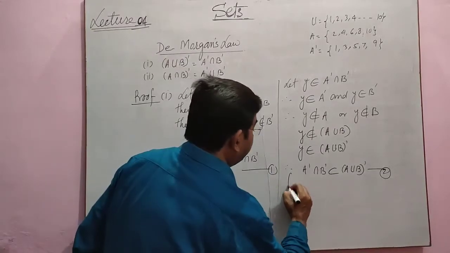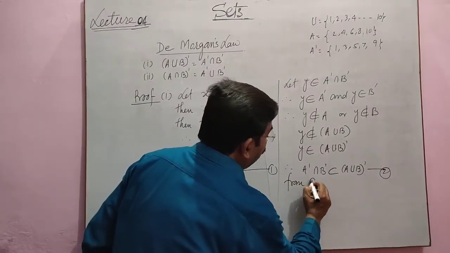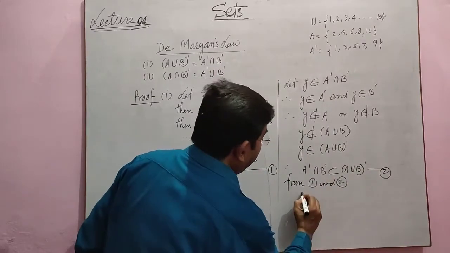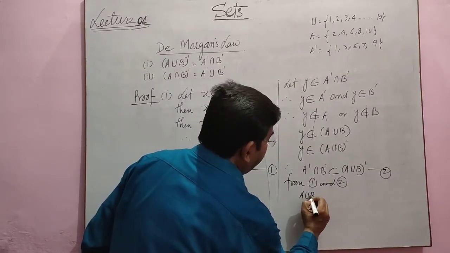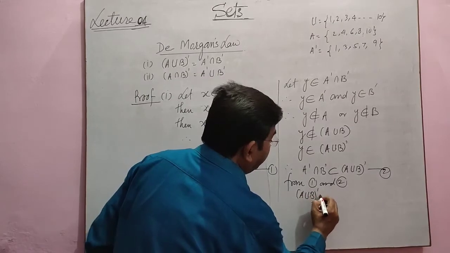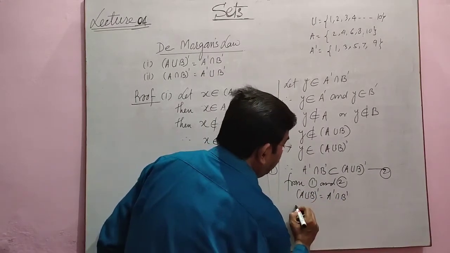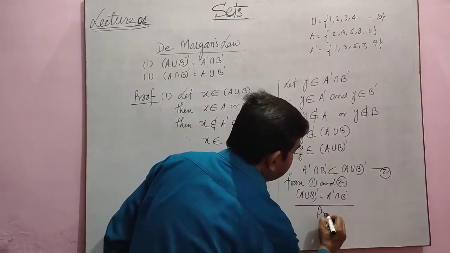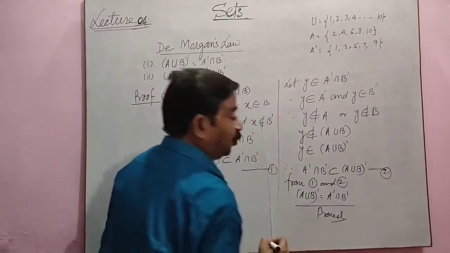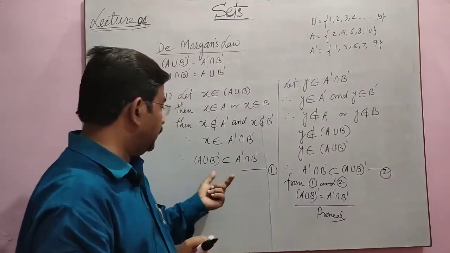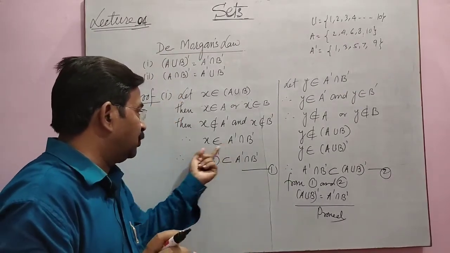So we can write from 1 and 2: A union B complement is complement of A intersection complement of B. This is the right proof. Or you can leave this much only.